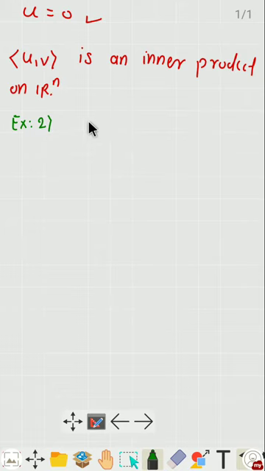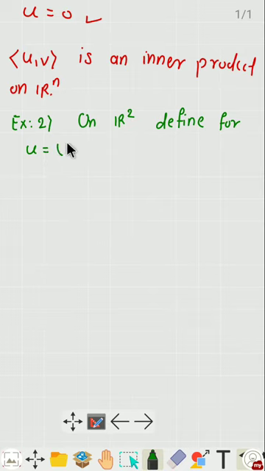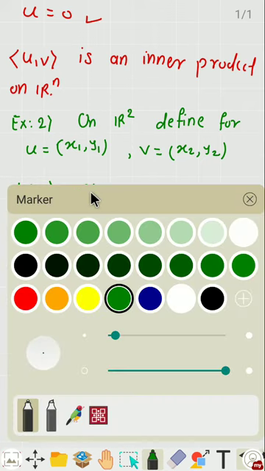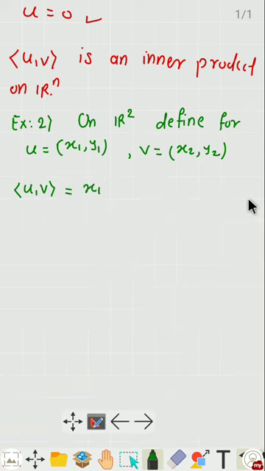On R2, let us define, for u equal to x1 comma y1 and vector v equal to x2 comma y2, the product of u and v as only the product of the first components, x1 x2.